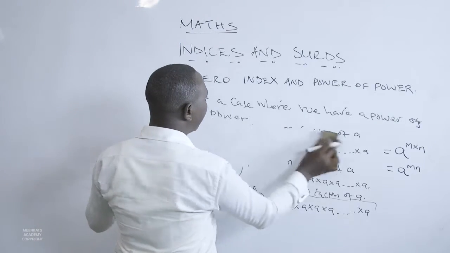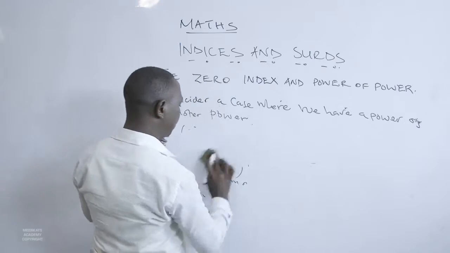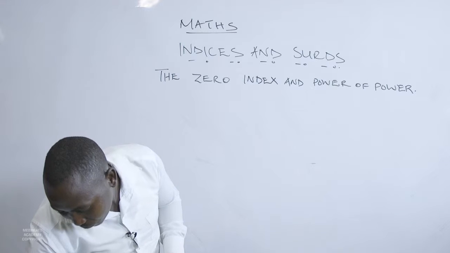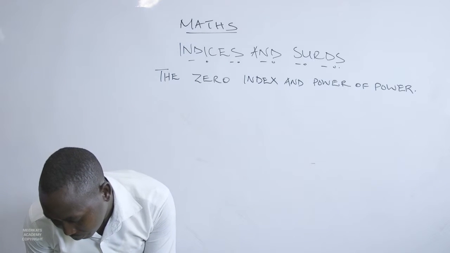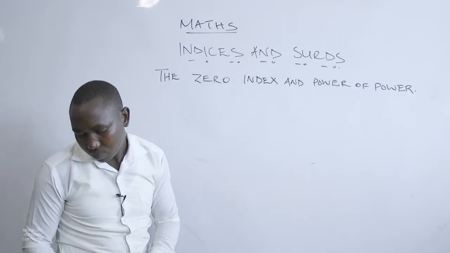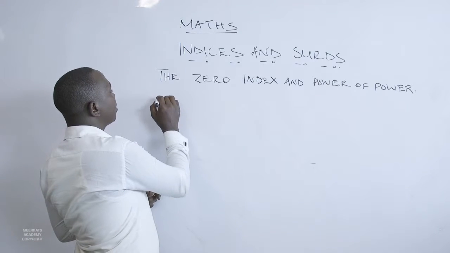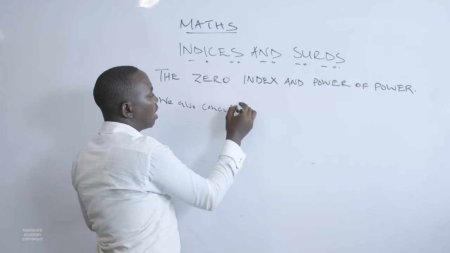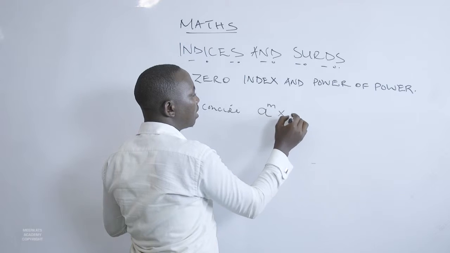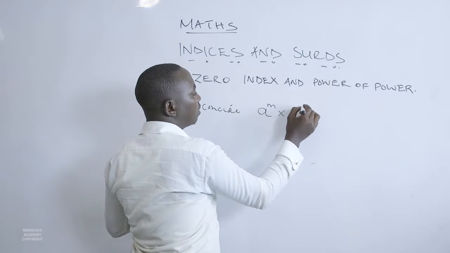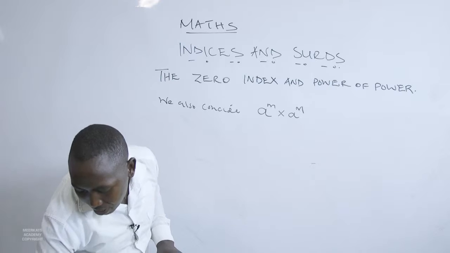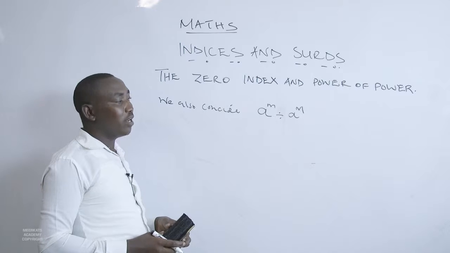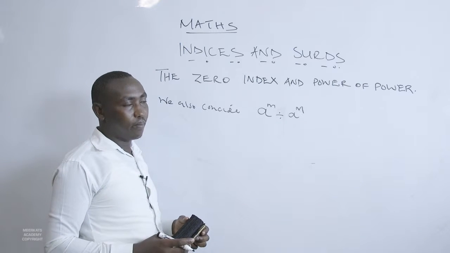Then for the case of this zero index, consider a case where you have a raised to m divided by a raised to m.